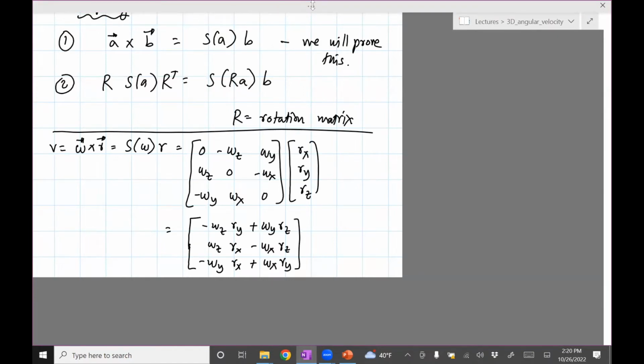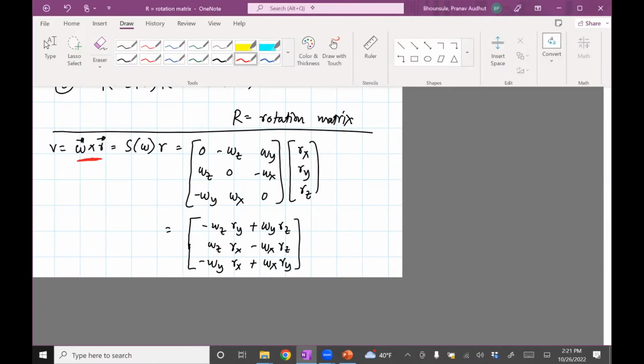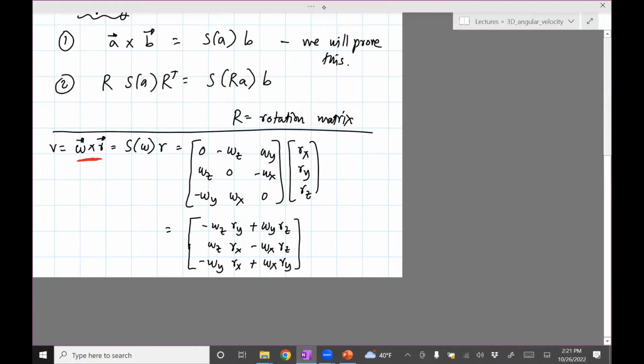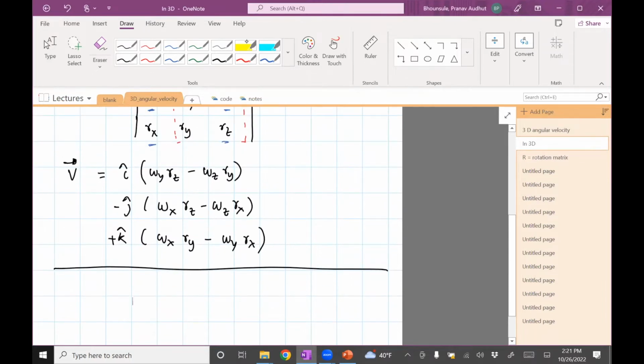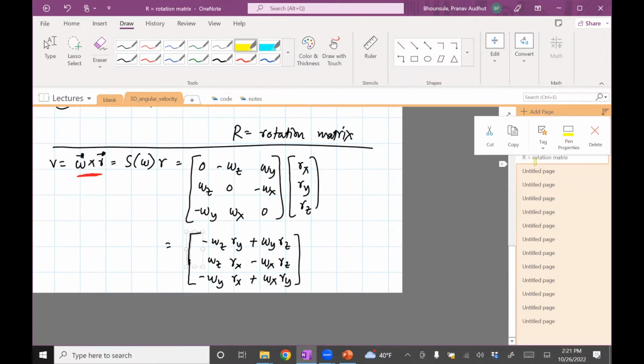Now we can take this and compare it with what we got for omega cross R. This is what we had for the first element: omega Y Rz minus omega Z Ry. You should see that it's the same here, it's just written the other way: omega Y Rz first and then minus omega Z Ry.